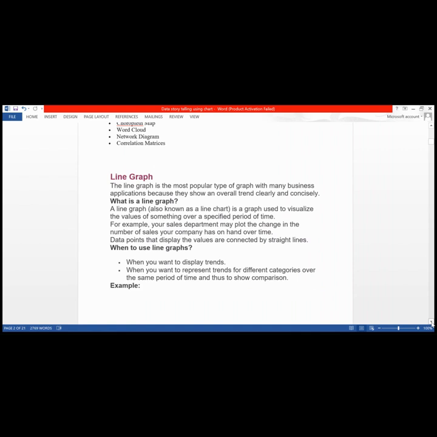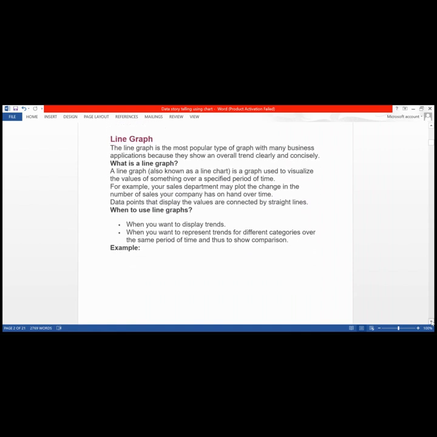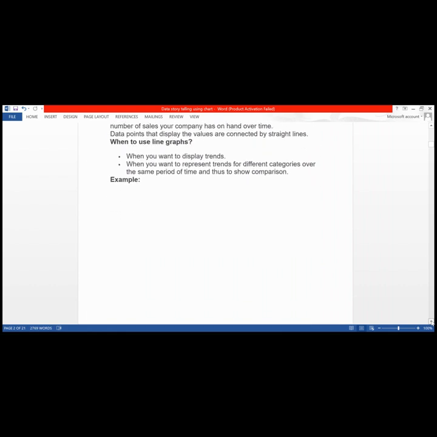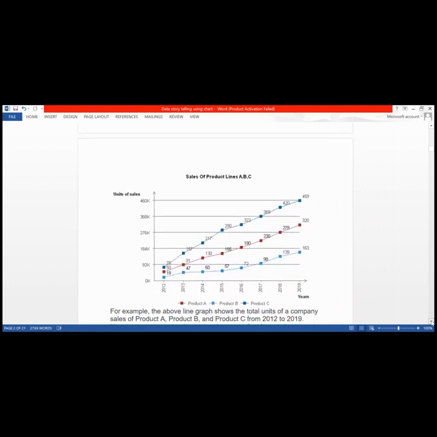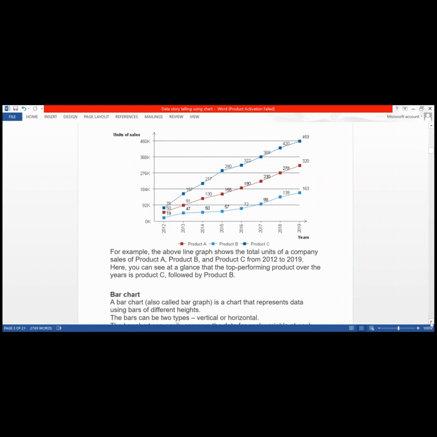For example, I have an example here. You're trying to compare sales of product lines A, B, and C. From here you will see that product C is the top performing product over the years from 2012 to 2019.